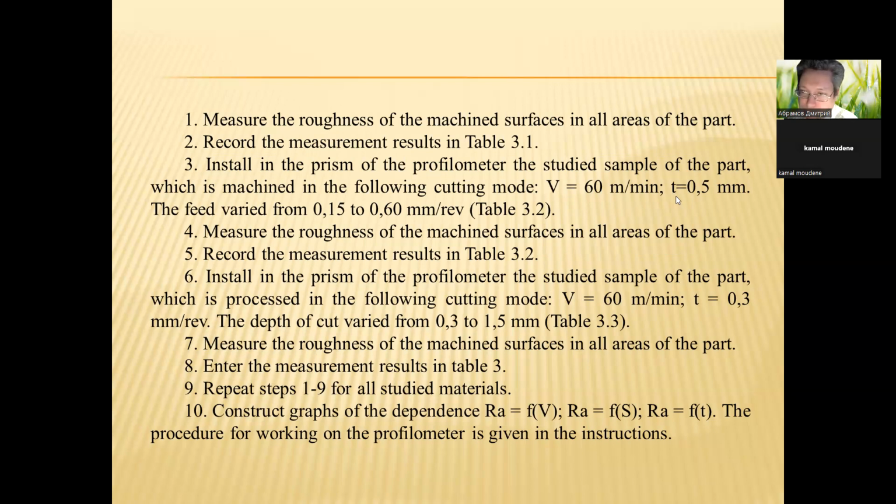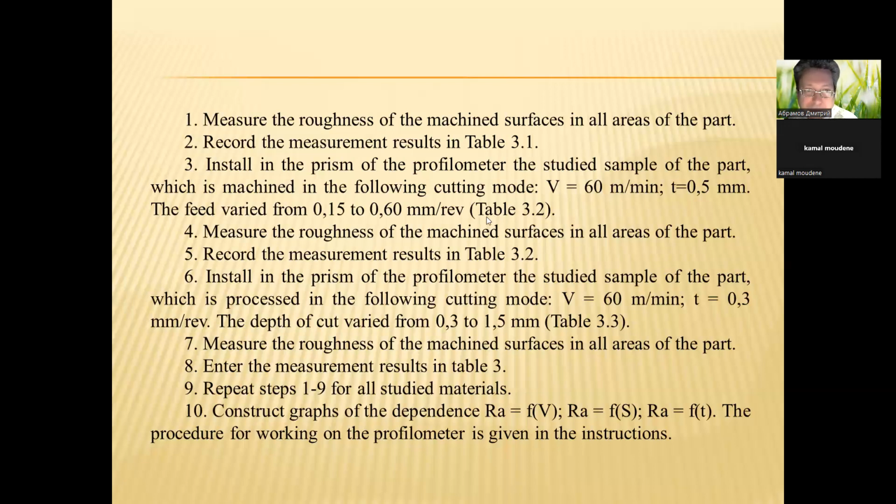T is constant too, it's cutting depth. And the feed varied from 0.15 to 0.60 millimeters per revolution. And we must measure the roughness of the machined surface in all areas of the part.